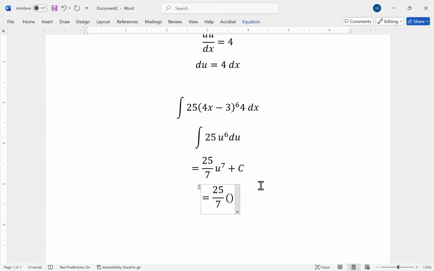So instead of having u to the 7th, I'm going to say, well, actually u originally was 4x minus 3. And so my final answer is just that, 25 over 7 times the quantity 4x minus 3 raised to the 7th power plus my constant.